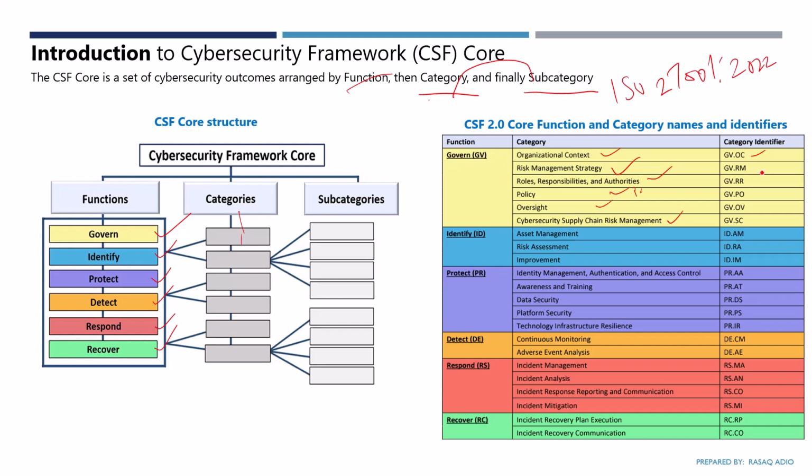Additionally, the order and size of functions, categories, and subcategories in the core does not imply sequence. That is, you don't have to do Govern first, then Identify, then Protect, and the like. It doesn't imply the sequence or importance of achieving them.